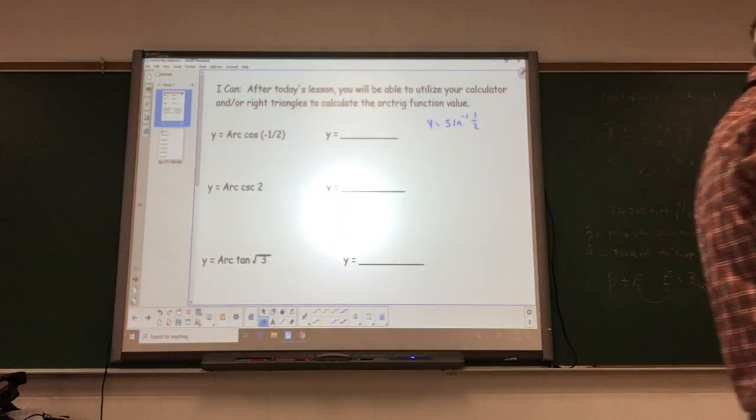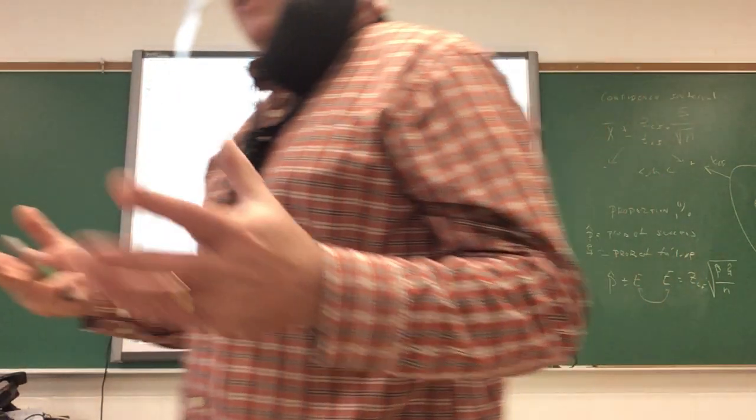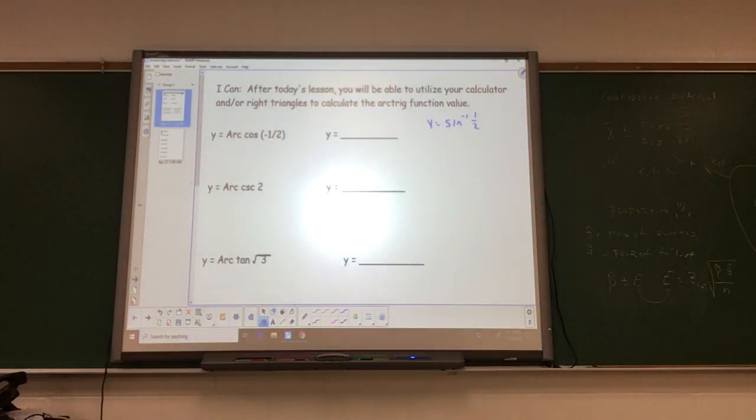The problem we've run into with dealing with the problem in this fashion and how it's written is this -1 exponent. Yes, it means an inverse function, but it also has a double meaning in the algebraic world.